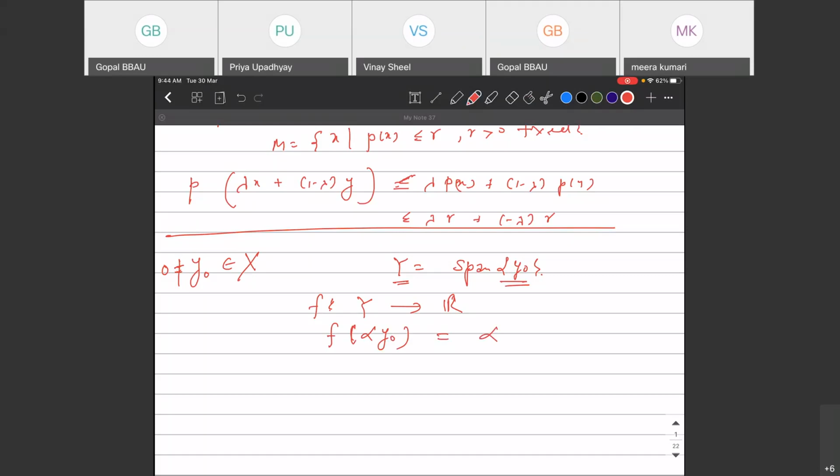If we define f of alpha y naught as alpha, then in this way we get a linear functional.